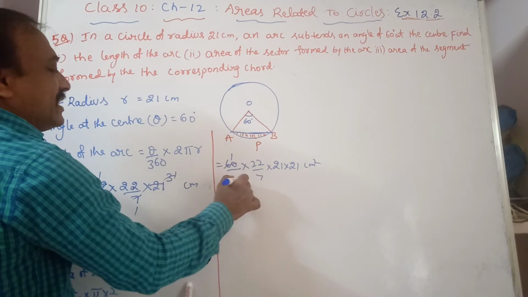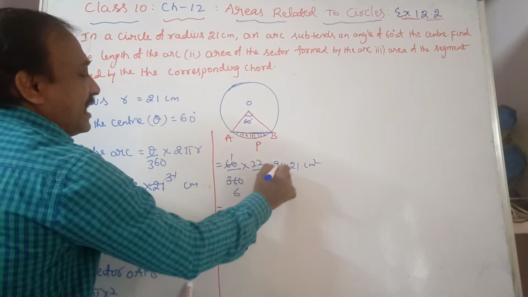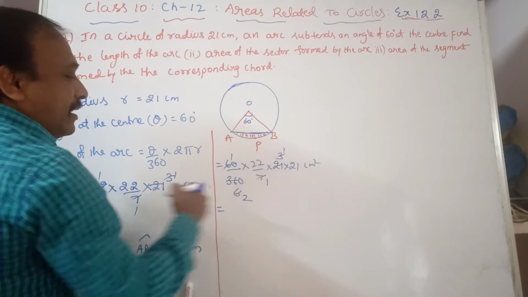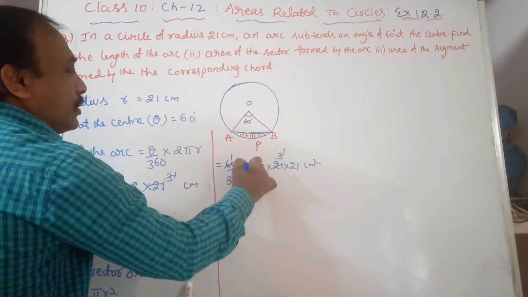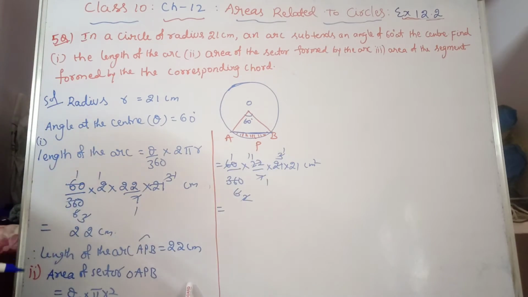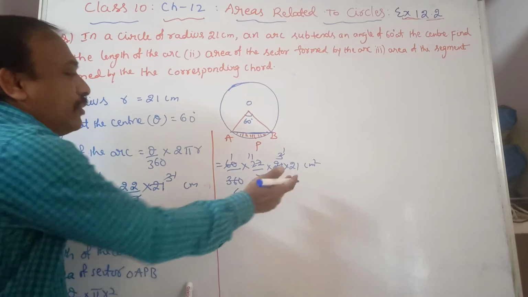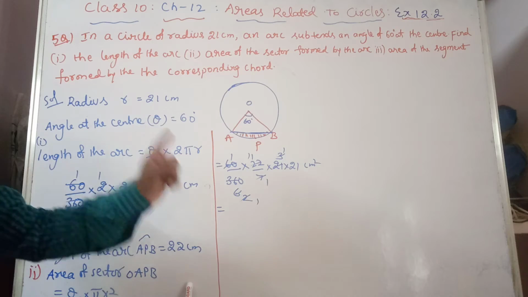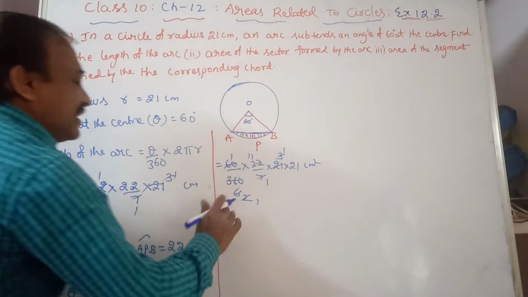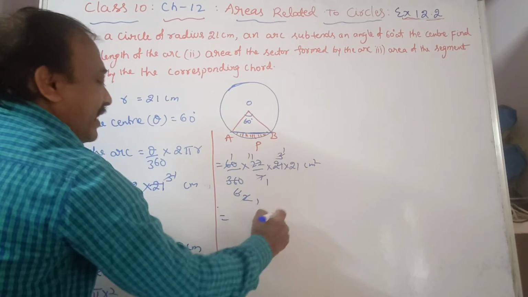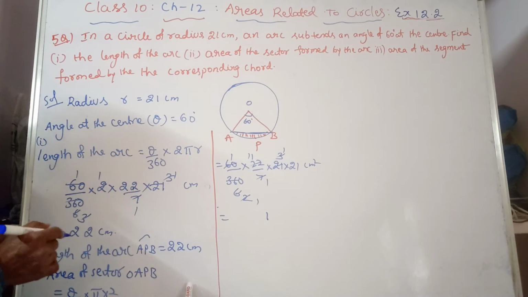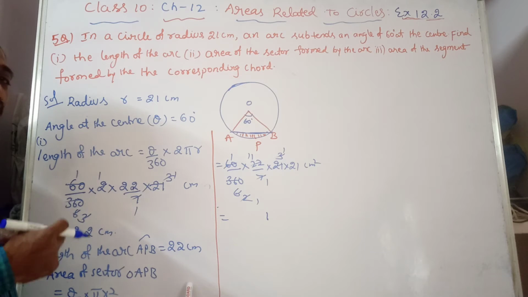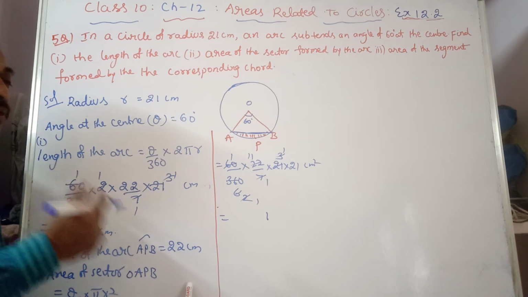6 ones are 6, 6 sixes are 36, 7 threes are 21. Now 3 ones are 3, 2 twos are... what is left over in the denominator? Only 1 into 1. And in the numerator we have 11 into 21. 11 ones are 11, 11 twos are 22, plus 1, 23.